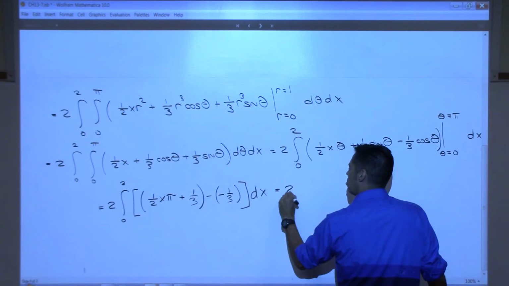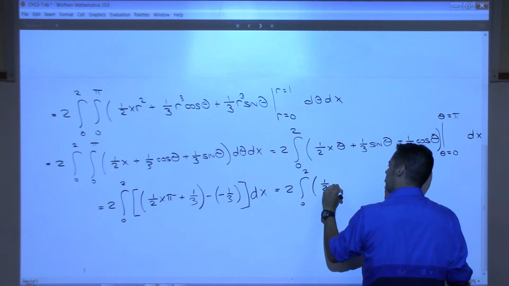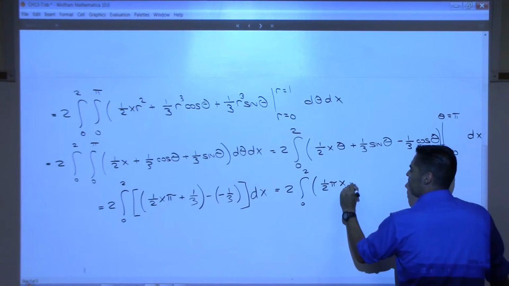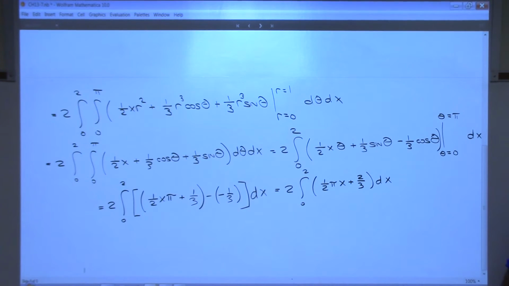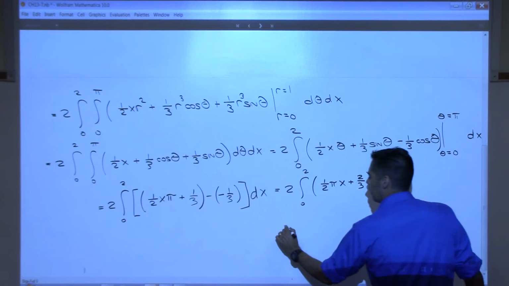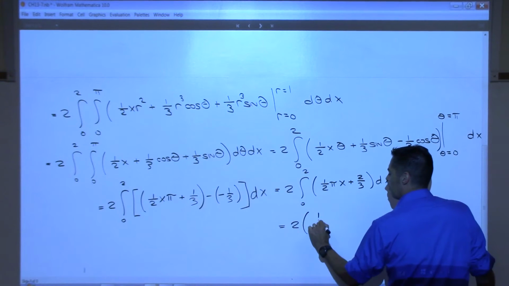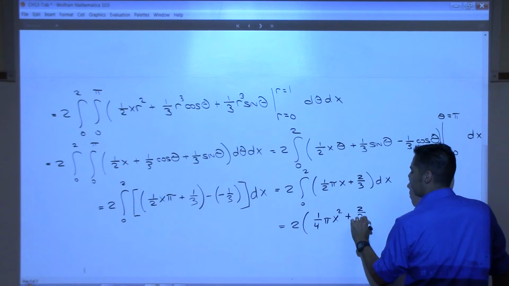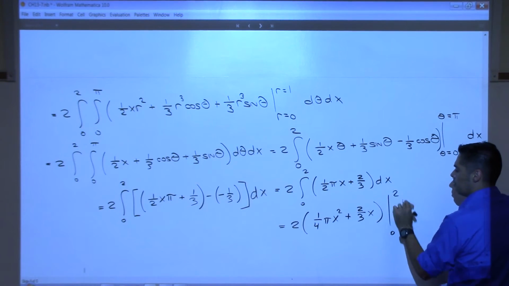So here's where we are. 2 integral 0 to 2 of 1/2, I'm going to write pi x instead of x pi, plus 2/3 dx. And integrate with respect to x. 2, antiderivative here, 1/4 pi x squared plus 2/3 x evaluated 0 to 2.